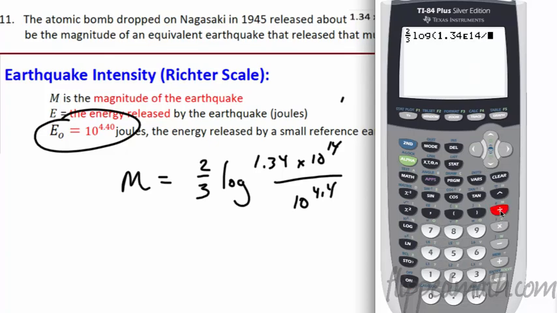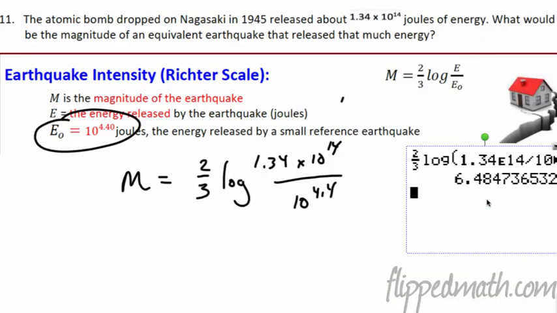We need to divide by 10 raised to the 4.4 power. Ta-da! And we need to take that and bring it down. A lot of extra button pushing there, but we get 6.48. That's going to be our final answer here.